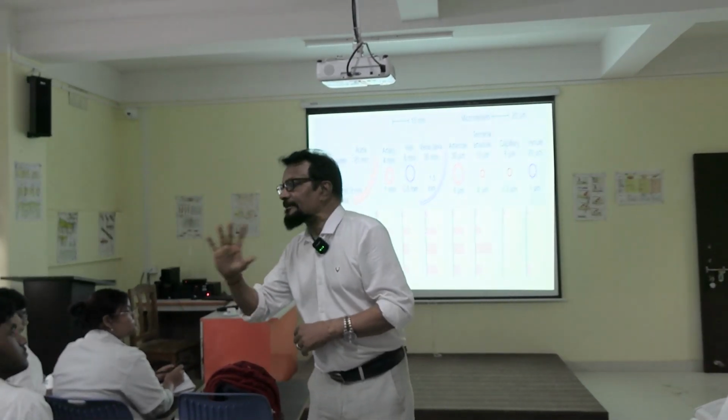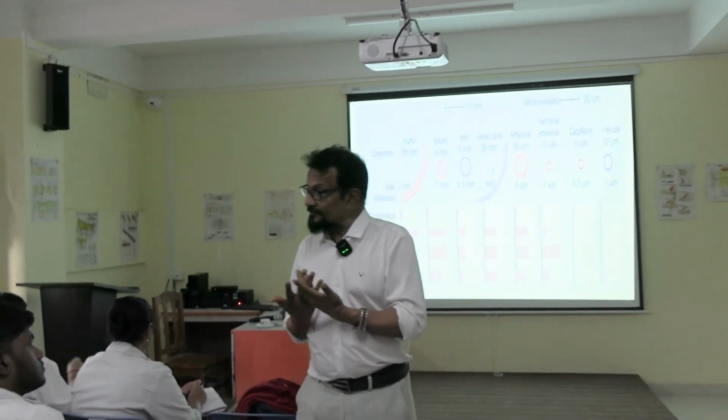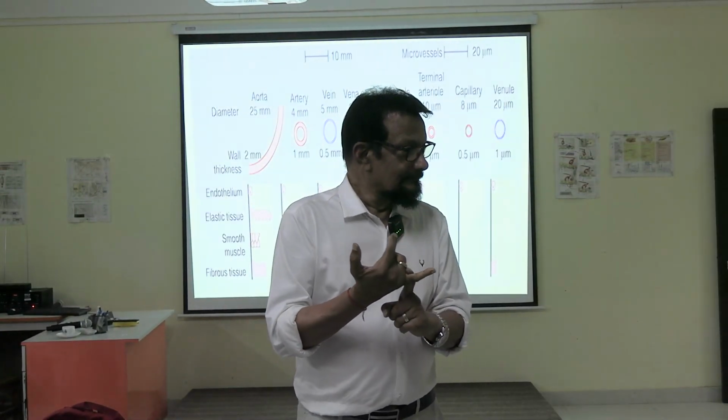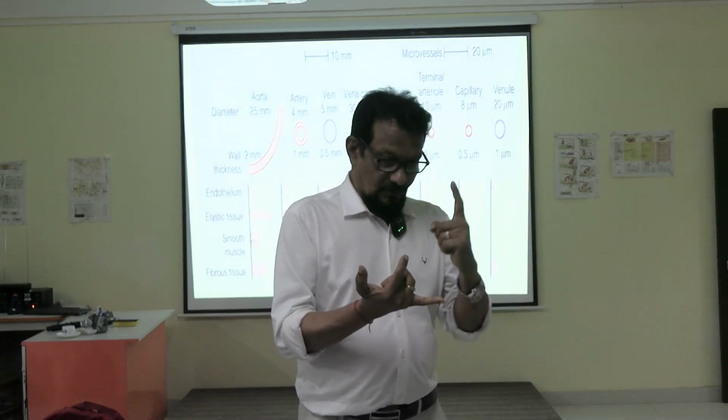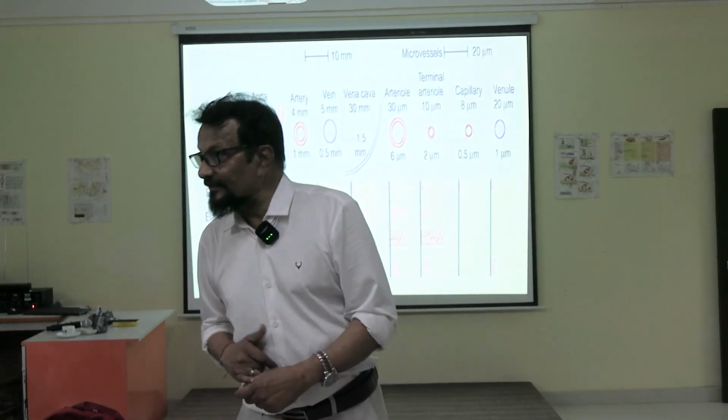How are we increasing the heat loss? There are neural processes and physical processes. What are these physical processes? Radiation, conduction, convection, evaporation. These are the 4 physical processes.